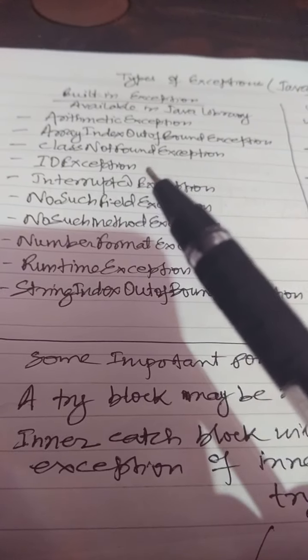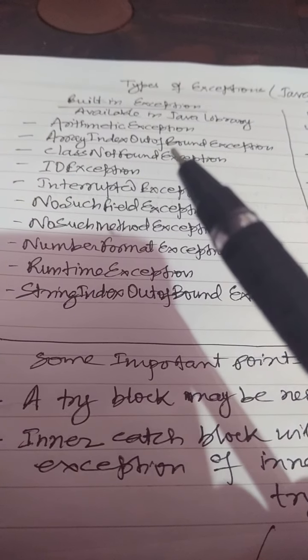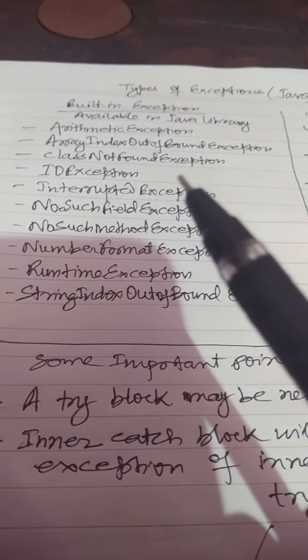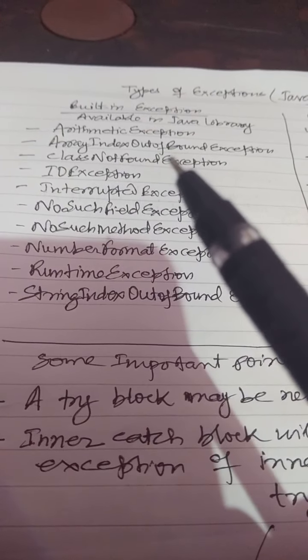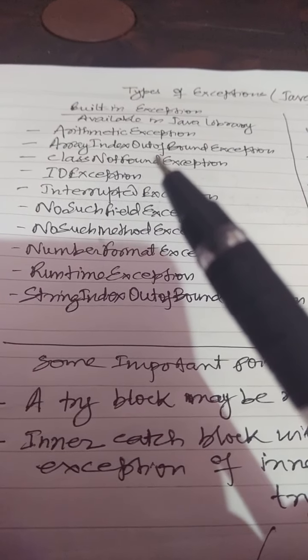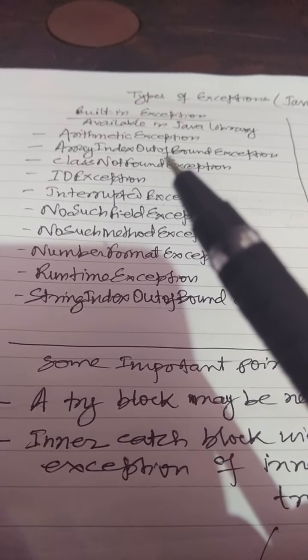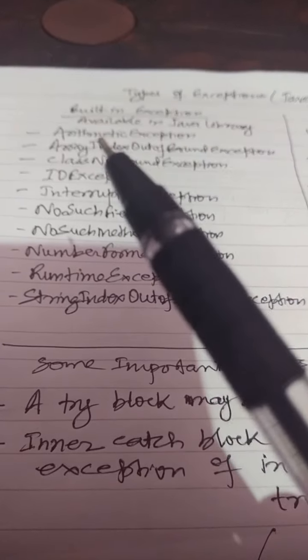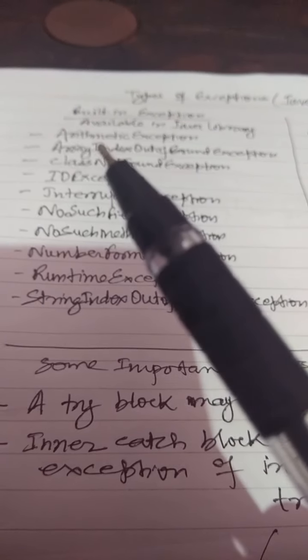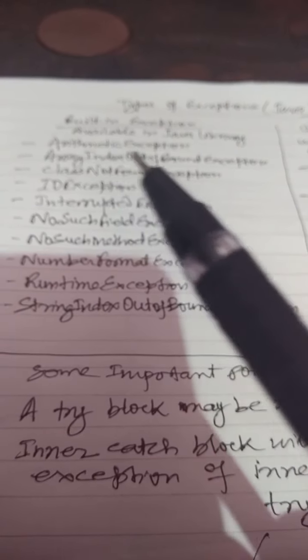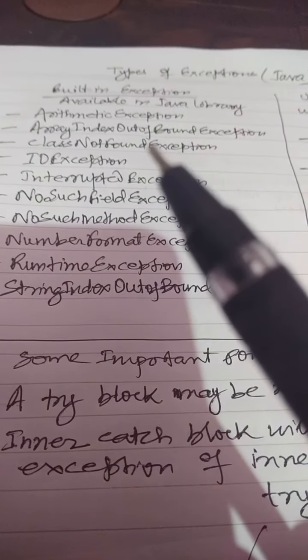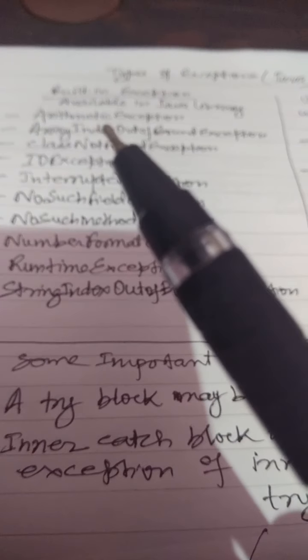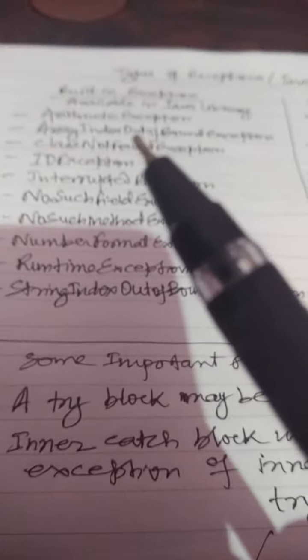You will see here that all the built-in exceptions are in Hungarian notation, where you have to take care when writing the code. What do I mean by Hungarian notation? All these built-in names have the first letter of each word capitalized.